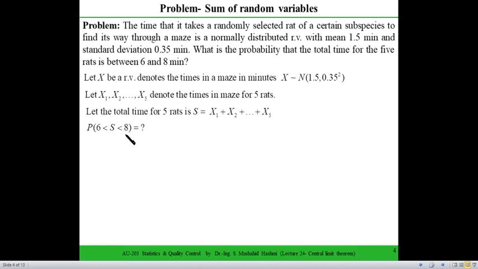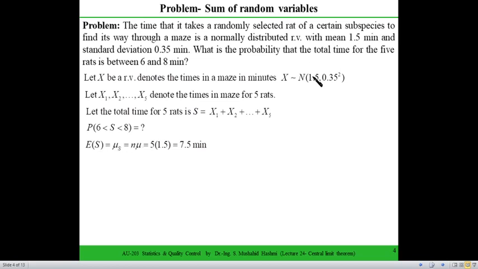So over all these 5 rats, what is the probability that the sum of the time taken to go through the maze, S, lies between 6 and 8? The first thing we need to do is calculate the expected value of the sum of those random variables, which would be n times mu.